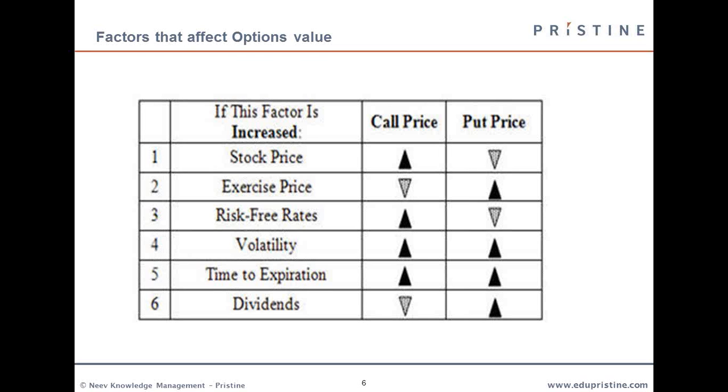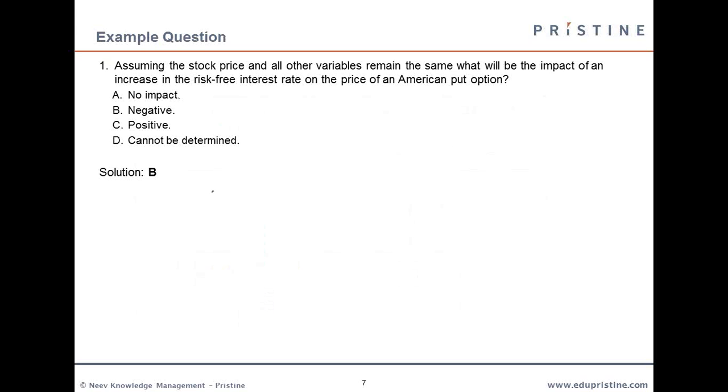In dividends, when a company pays a dividend, the stock price comes down. So the effect will be opposite of the stock price. So the call price decreases and the put price increases. These are essentially the factors that affect the value. So let's take an example to make it clear.